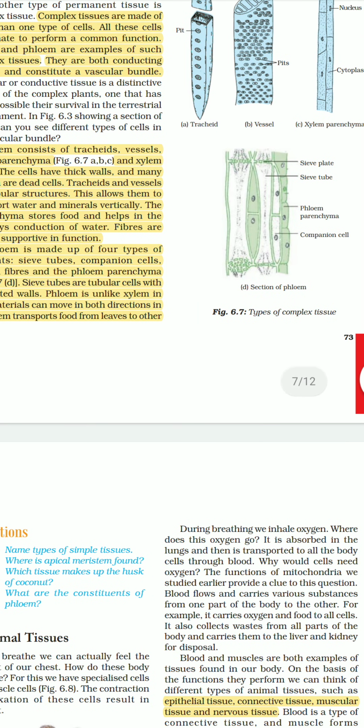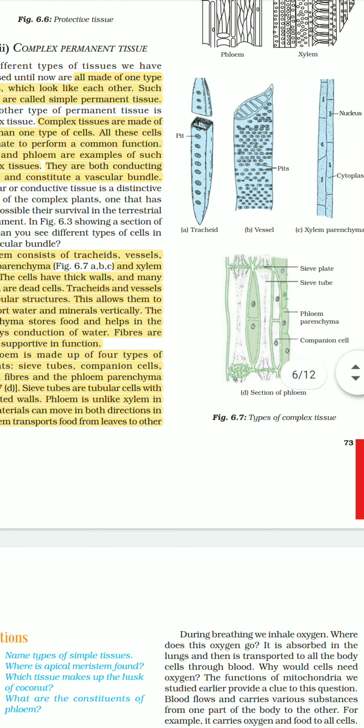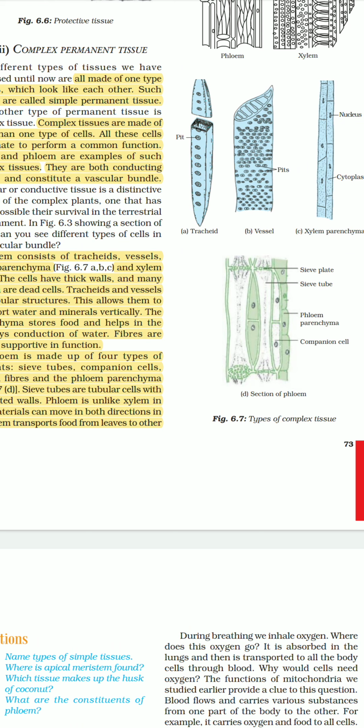And sieve means chalni, having pores. You must have seen. So you can see these are sieve plates. They all have pores, so that food can easily be transported from one cell to another. So in this way they create a channel, a transport system, so that it can transport both food and water and minerals from one part of the plant to another part.